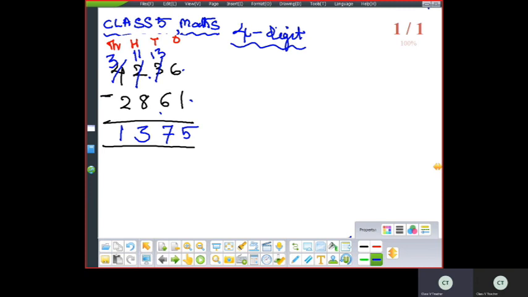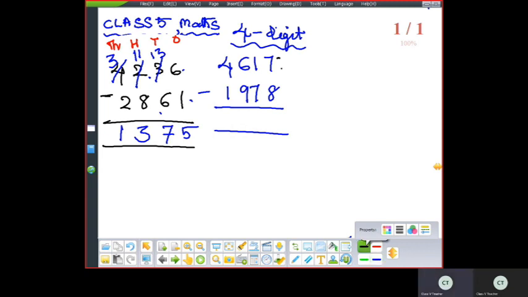The next one: 4,617 minus 1,978. Now 7 will not go in 8, so 7 becomes 17 and 1 becomes 0. 17 minus 8 is 9.